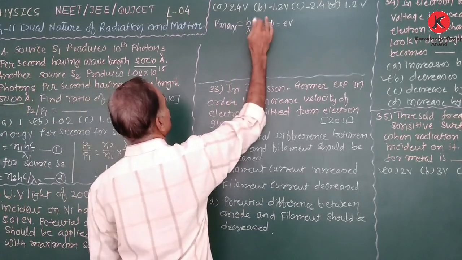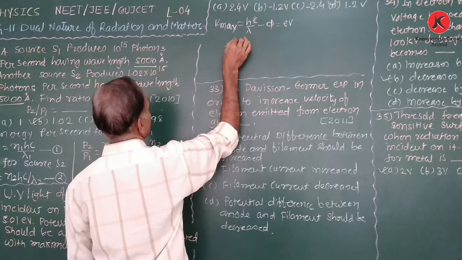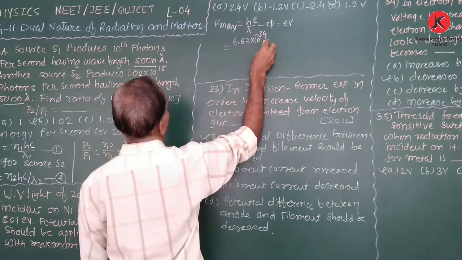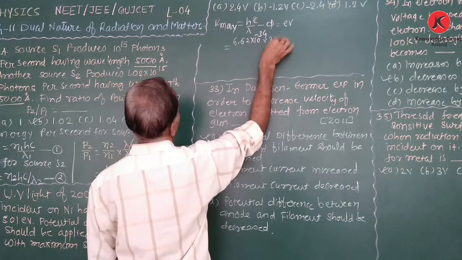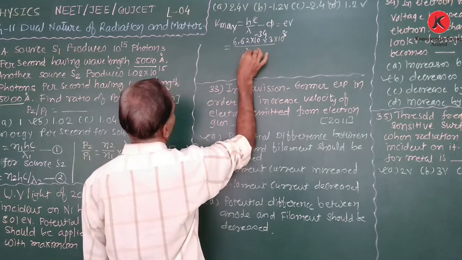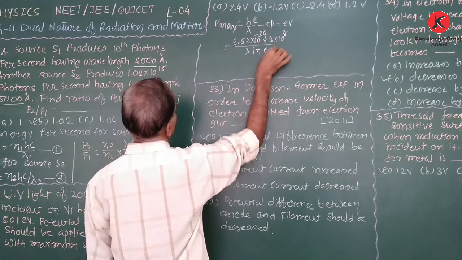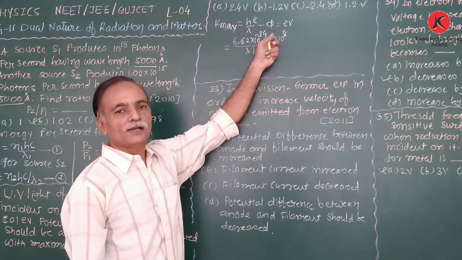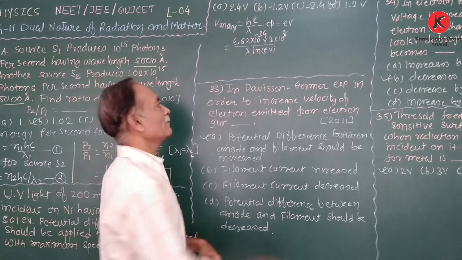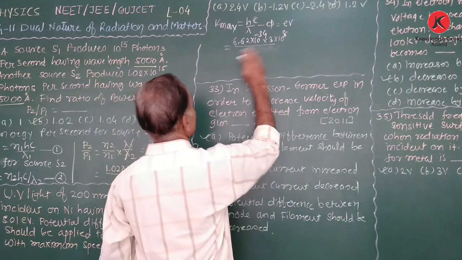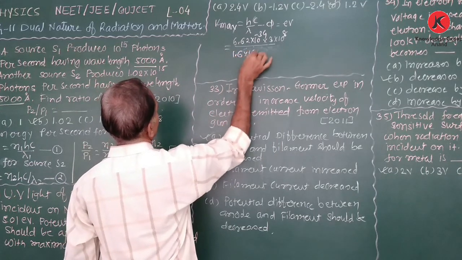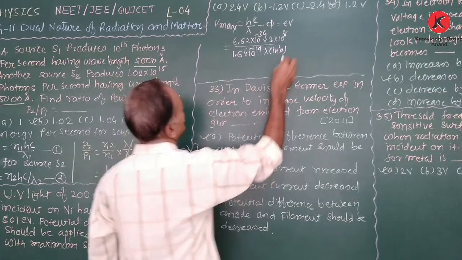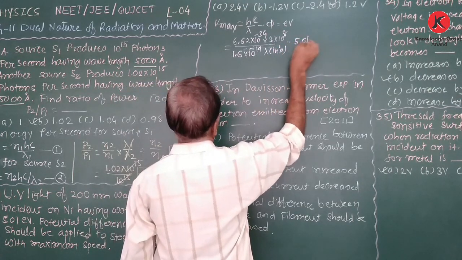Now we substitute the values. H is 6.62 × 10⁻³⁴, c, the velocity of light, is 3 × 10⁸, in the denominator lambda, in electron volt. Now, this term is in joule, so we have to convert it into electron volt. Therefore, we divide by 1.6 × 10⁻¹⁹, with lambda as it is, in angstrom, minus 5.01 electron volt.